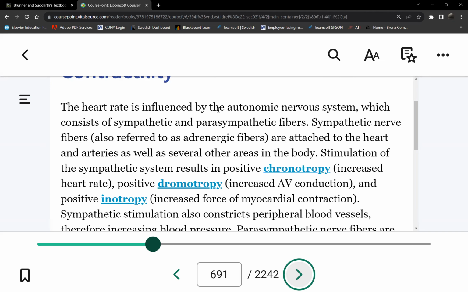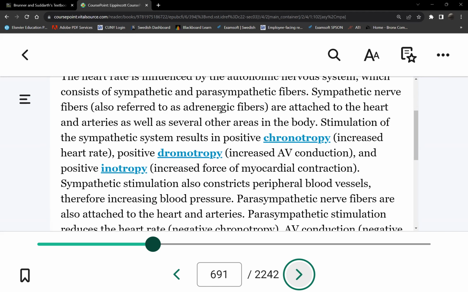To stimulate or inhibit? It stimulates, right? What about the parasympathetic? Okay, it will do the opposite, correct? Some examples here will be mentioned again when we get to the dysrhythmias because these are identified as common causes of dysrhythmias.